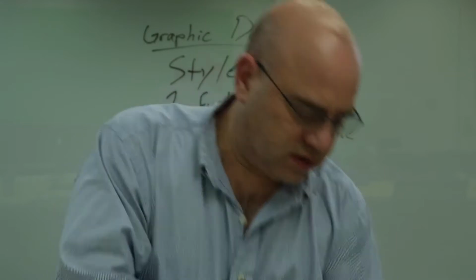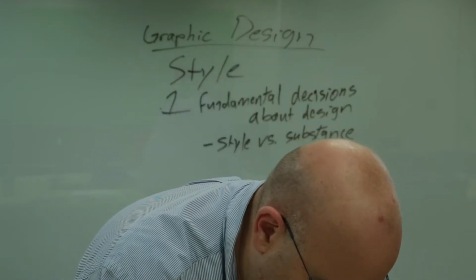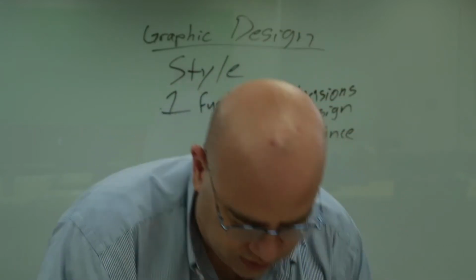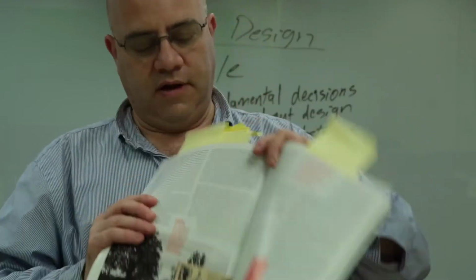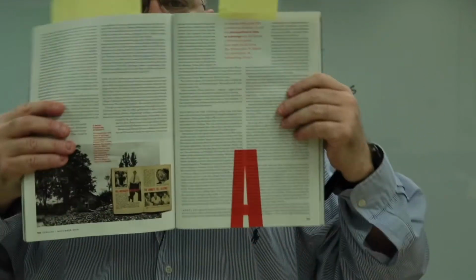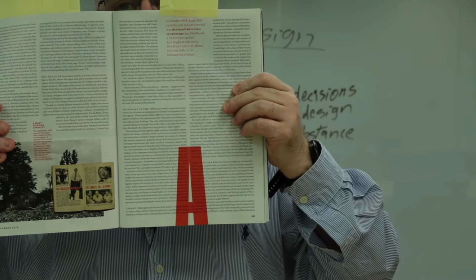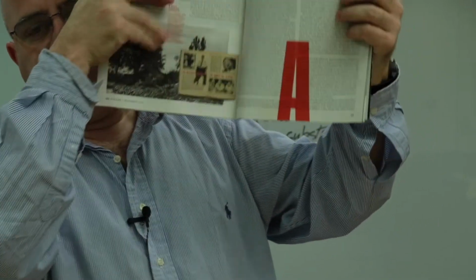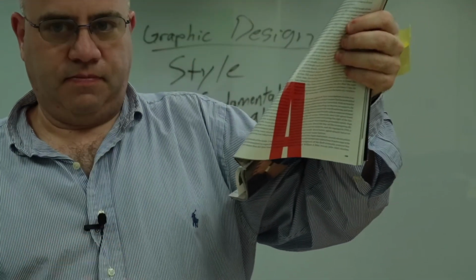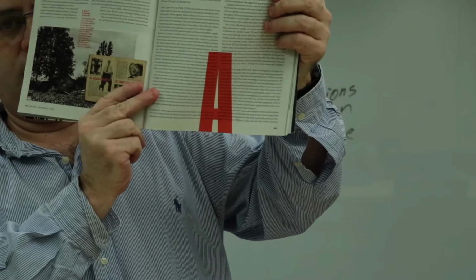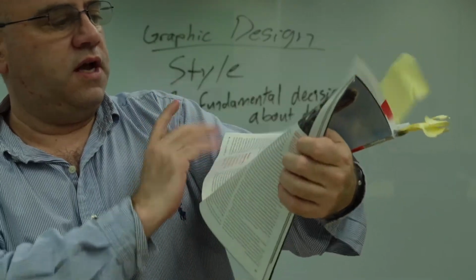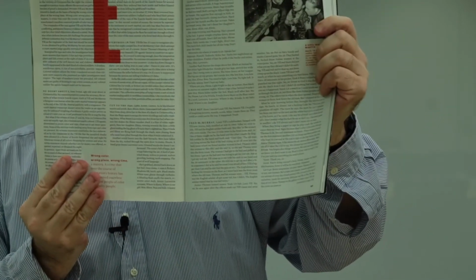Or look at this. We might call these drop caps, which is when you make a big letter at the beginning of a section, but it's a little bit of an odd drop cap. Okay? You can see it again with this E here.